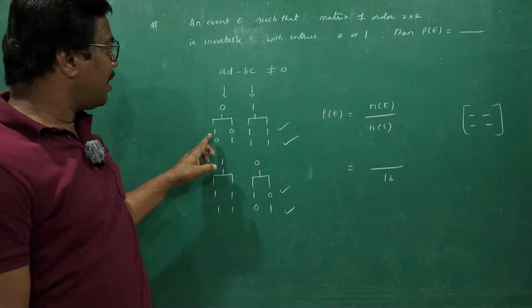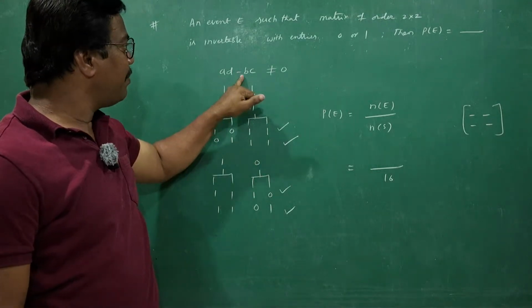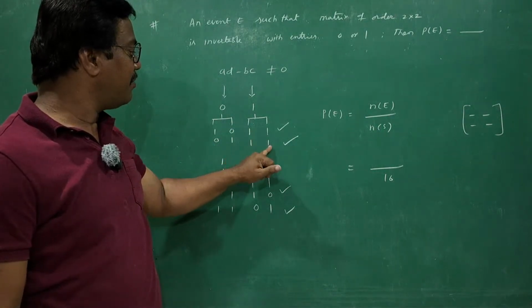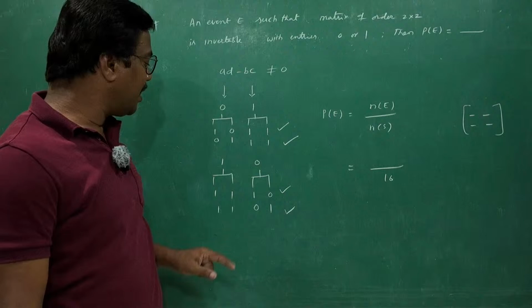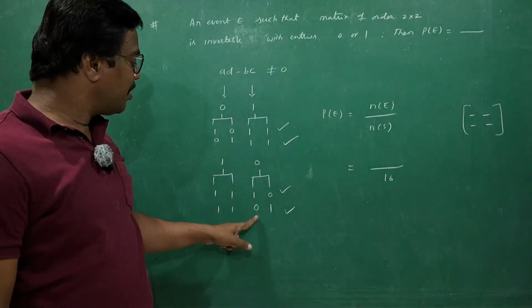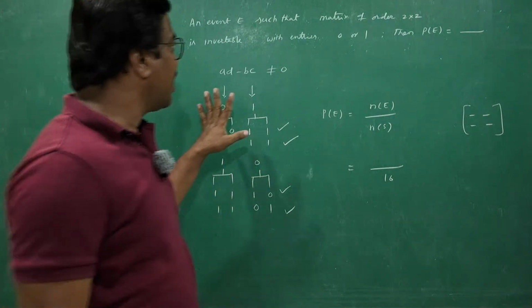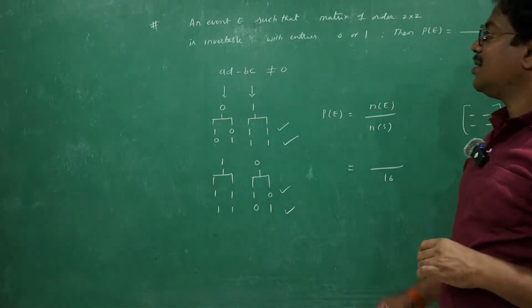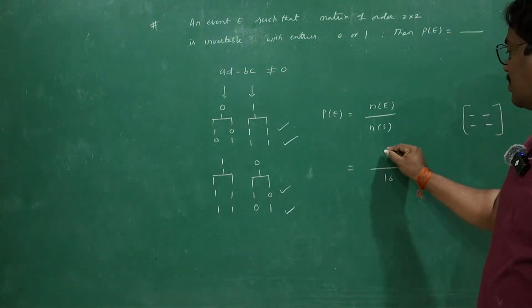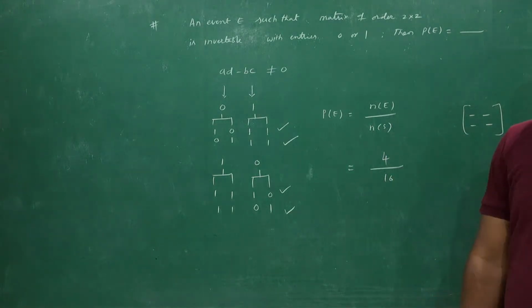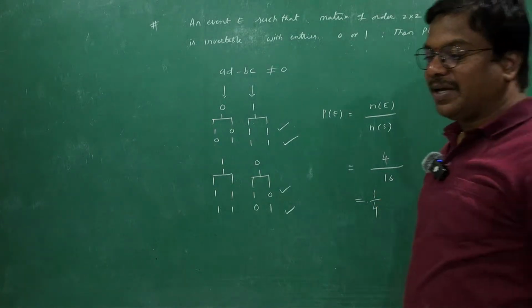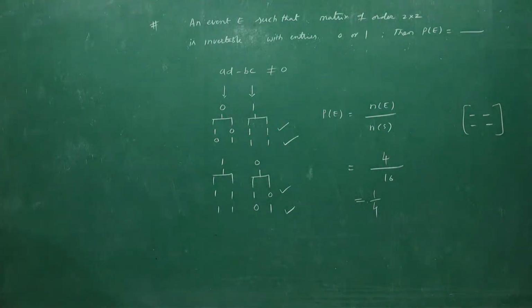The matrix entries are A, B, C, D: 1, 1, 1, 0 is one matrix, 1, 1, 1, 1 another, 0, 1, 1, 1 another matrix, 1, 1, 0, 1 another matrix, 1, 0, 1, 1. So such type of matrices only 4 are possible to satisfy the condition AD minus BC not equal to 0. So here you have to write 4. Now the required answer is 1 divided by 4. This is the probability.